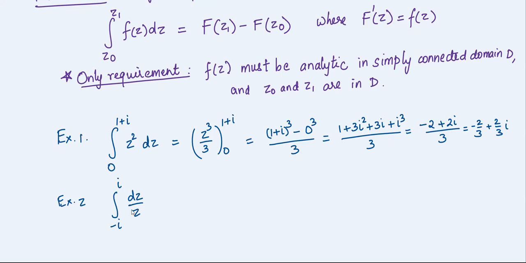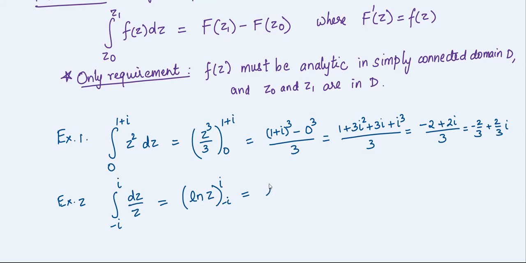The minute it crosses 0, this function will not be defined. Otherwise, for all other purposes, this will be log z from minus I to I. So what will be log of I?